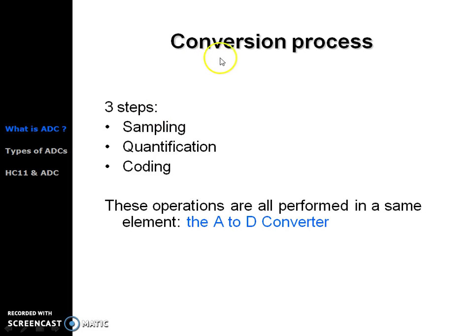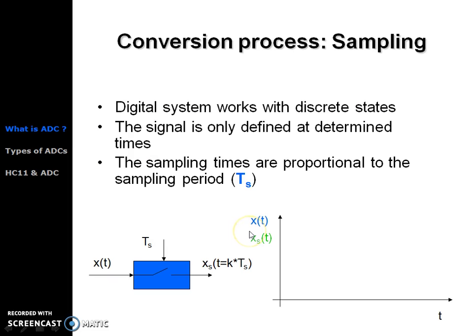The conversion of an analog signal to a digital signal involves 3 steps. First step is sampling, second step is quantification or quantization, third step is coding. These operations are all performed in the same element, the A to D converter. That indicates that all these functions are done by the analog to digital converter.